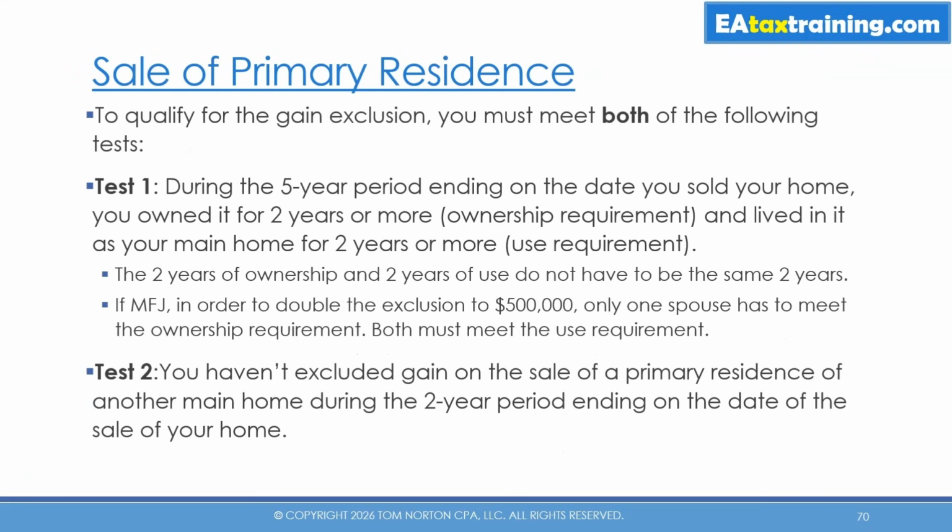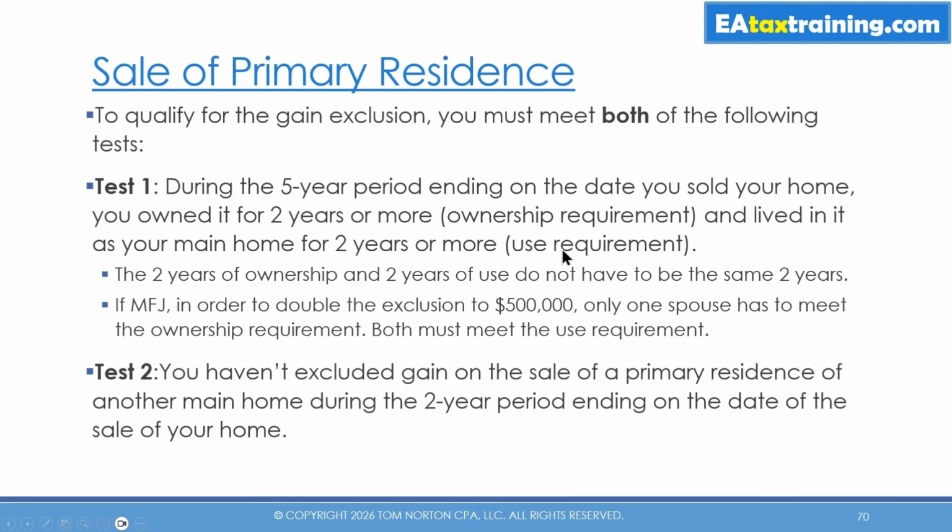In order to qualify for this exclusion, you have to meet both of these two tests. Really, there are 3 tests, but they call it 2 tests, so we'll go with that. Test number 1: during the 5-year period ending on the date you sold your home, you owned it for 2 or more years. That's called the ownership requirement. And you lived in it as your main home for 2 or more years.